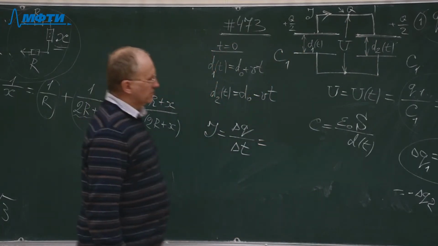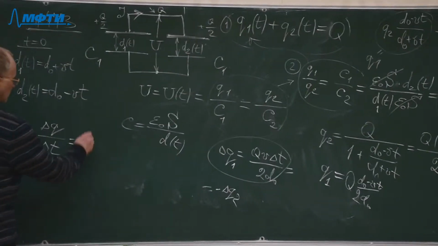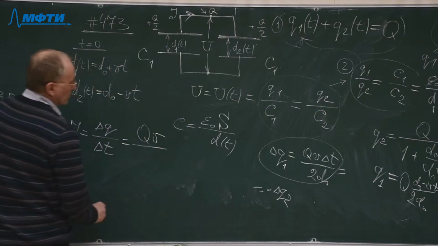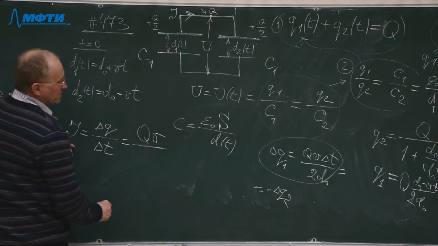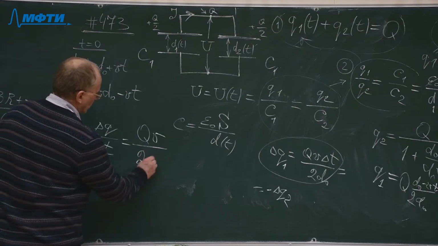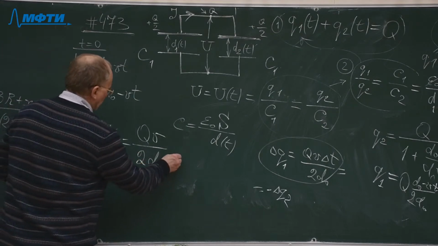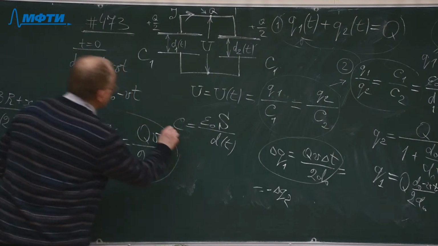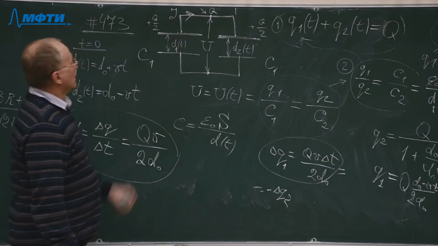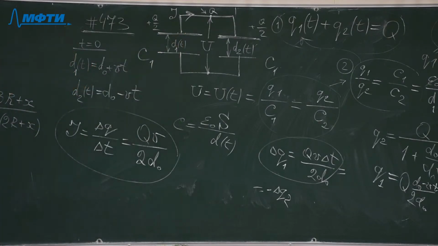So dividing the first formula by delta t will give us the final answer, which determines the magnitude of electric current flowing in this circuit. So that's the final answer to this problem. We needed to find electric current, and we have found it.